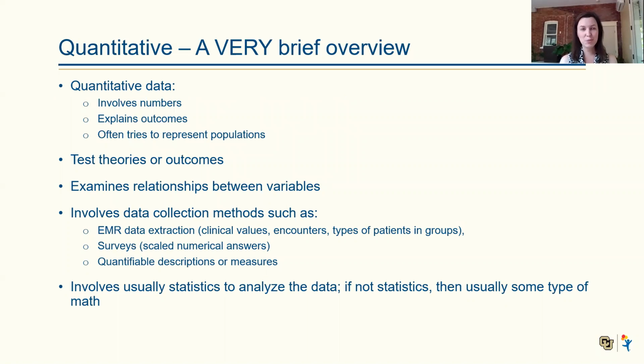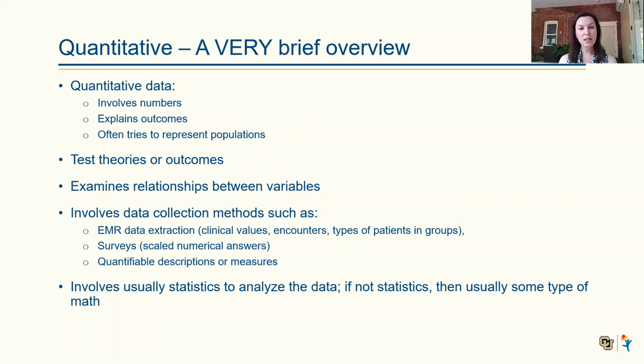Very quickly, I'm sure many of you are very aware of quantitative research designs. So quantitative research involves numbers. You're often counting things, and you hope to explain outcomes. And you often are recruiting a sample that represents the targeted population. Oftentimes, you might be testing theories or outcomes and looking at relationships between variables.